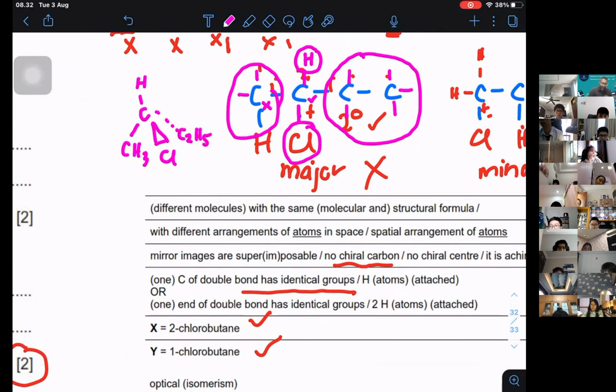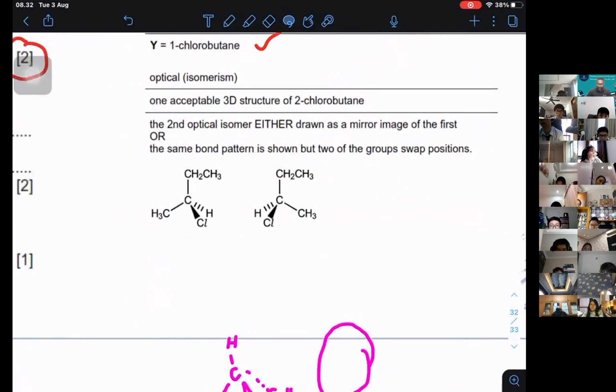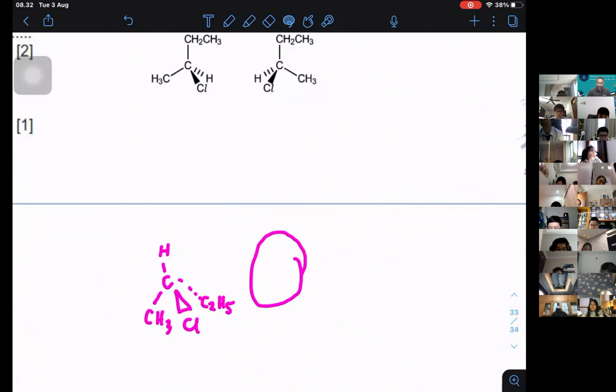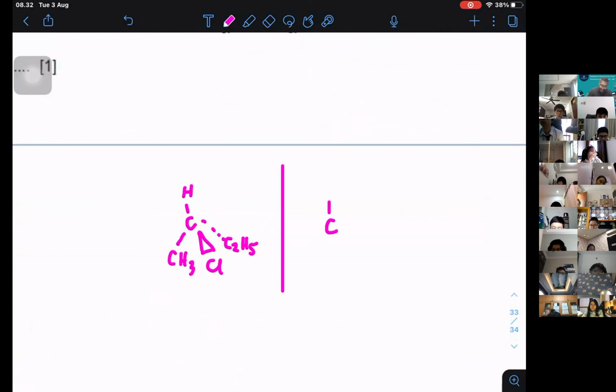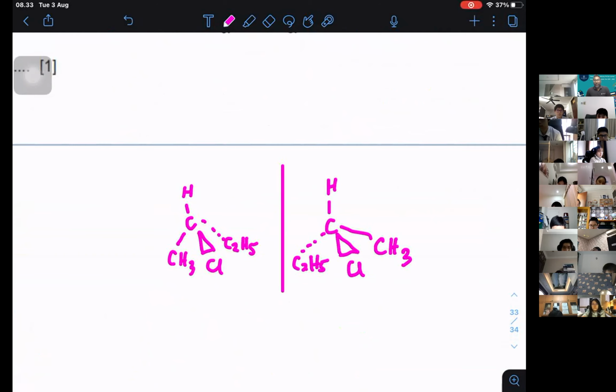If I select this and bring it down, I want to show that this is going to be a mirror image, because you need to show that. So you draw C, H, and then this one, dotted line, C2H5, and then this one come over here Cl, and then this one just replicate, mirror image, and I get CH3. So this is going to be the optical isomer. Yeah, so that's it.